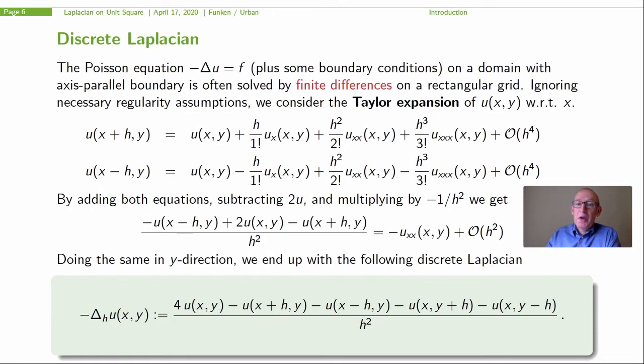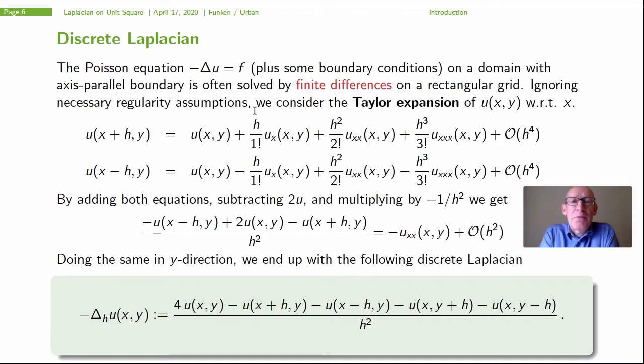That's the reason why we apply numerical methods, and one simple method is the finite difference method. In the finite difference method, we approximate our differential operator, and this equation with our discrete differential operator will then be satisfied only on discrete points.